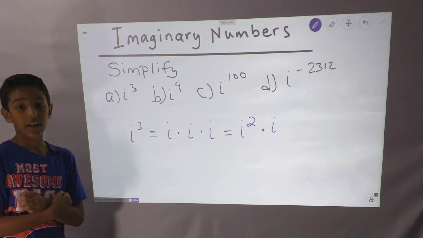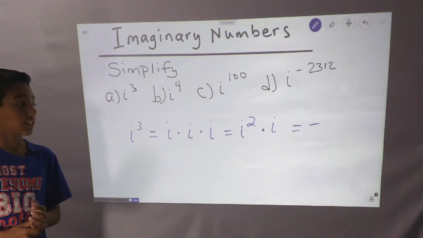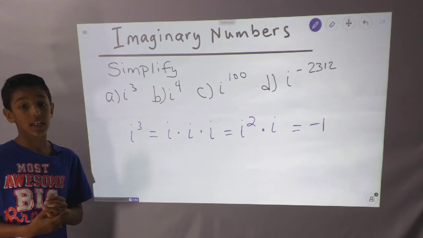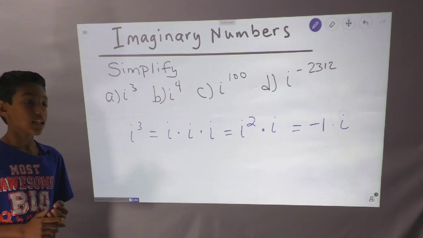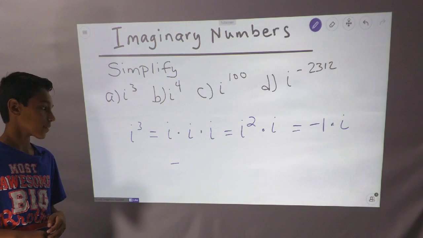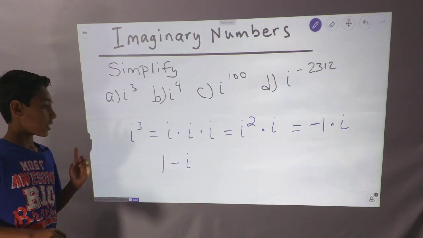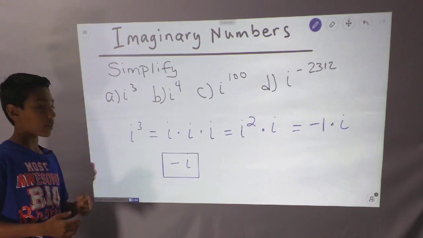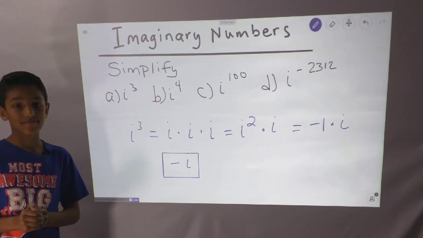And then i squared is -1, so that equals -1 times i, which is -i. So the solution to this problem is -i.